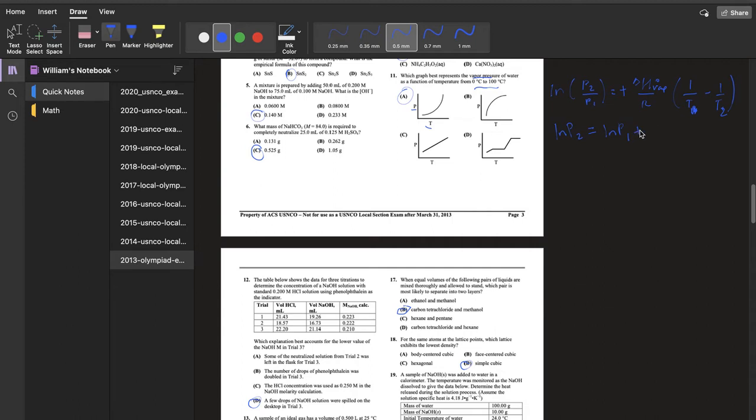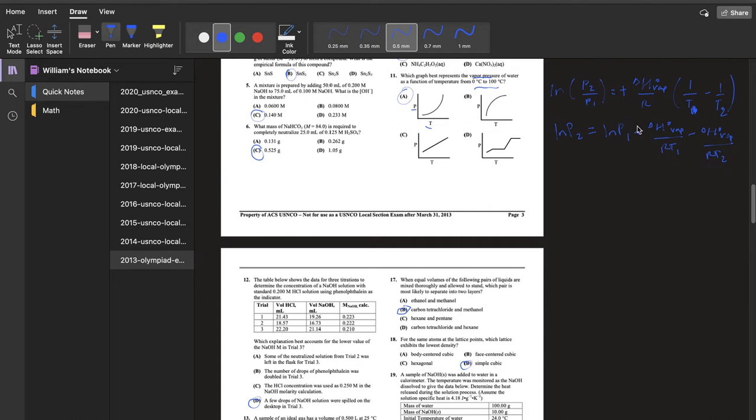So if we continue this, we will have HVAP over RT1 minus HVAP over RT2.